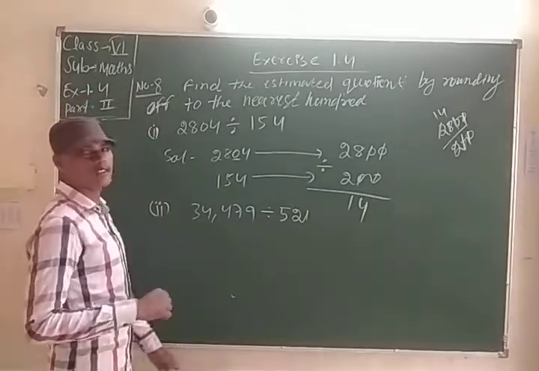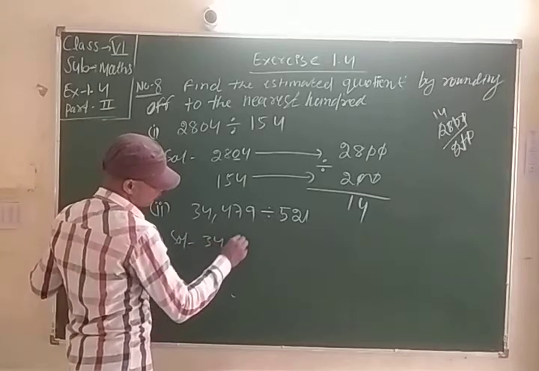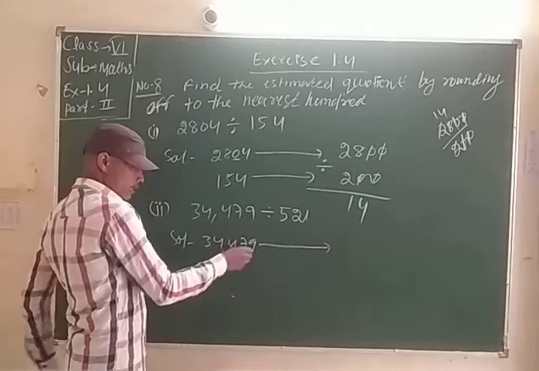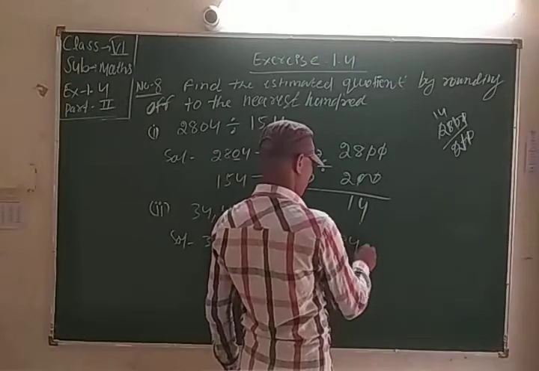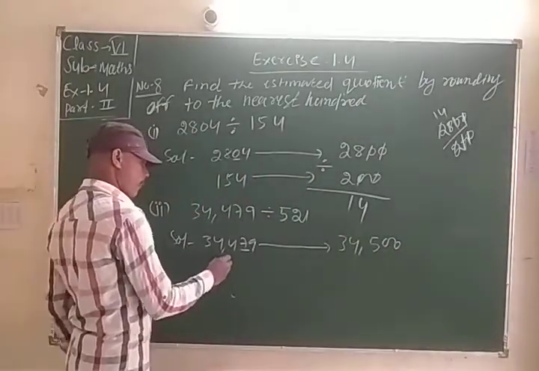The first work is what? We round it off. 34,479 is rounded off. See, here the tens place is more than 5, that's why it should be 34,500.